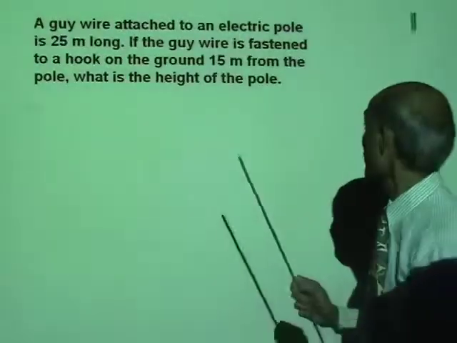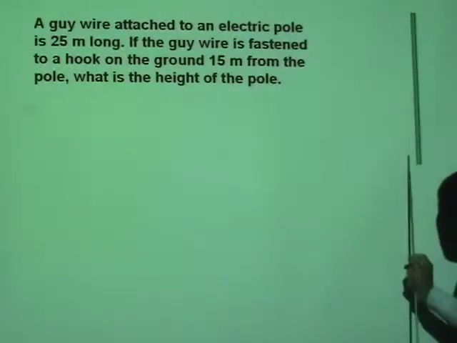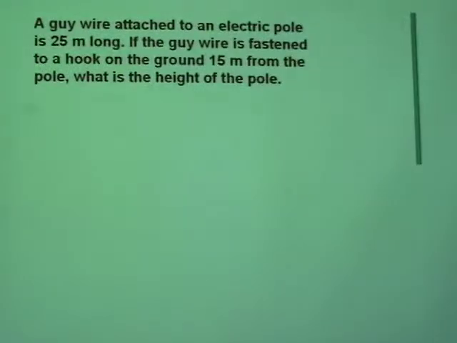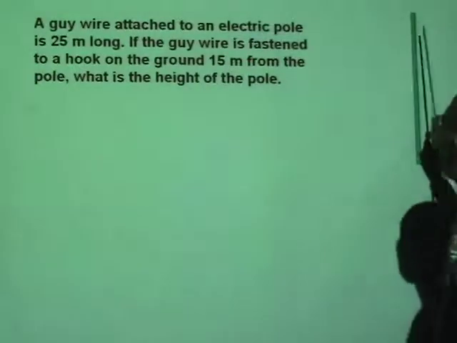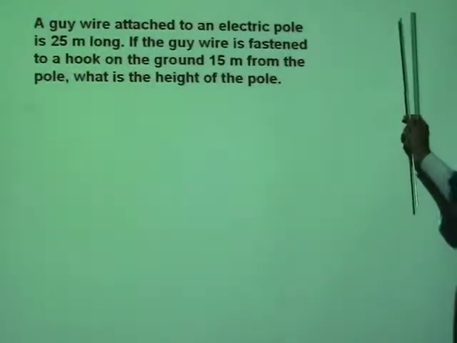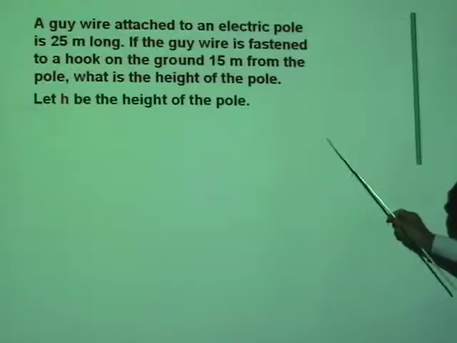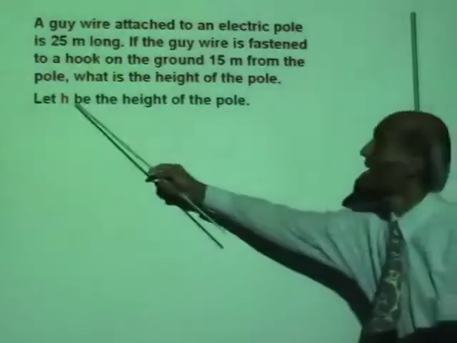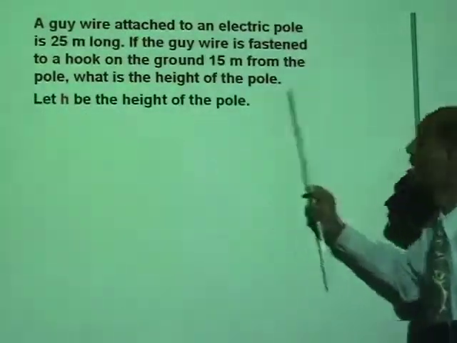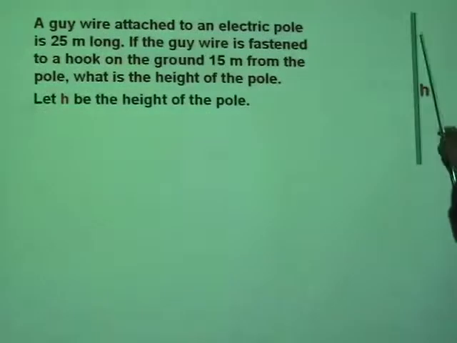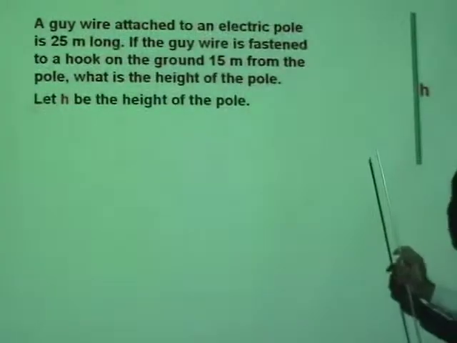Let's draw a diagram. This is the electric pole. Can you actually see that? I think part of it is outside the camera. But this is the pole, and the guy wire is going to come like this. So let's say, let H be the height of the pole, and we need to find the height of the pole.